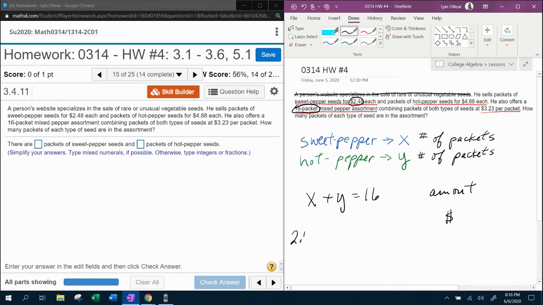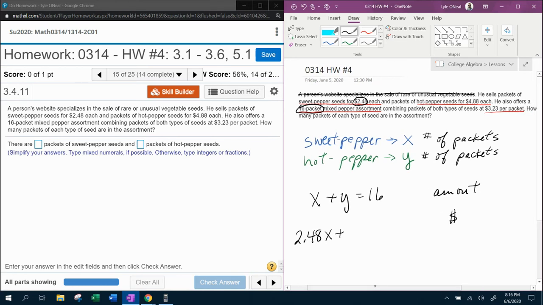So that's going to be 2.48X, multiplying the amount of sweet pepper seed packets times how much it cost gives me the dollar amount from sweet pepper seeds. And then for the hot pepper seeds, we're going to have $4.88 each. So 4.88Y for the hot.